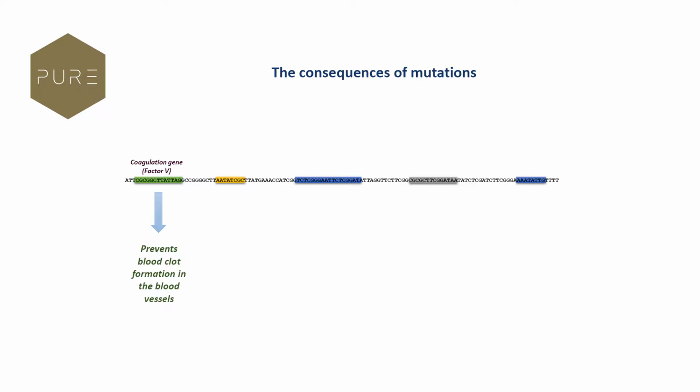So as I said, there's a coagulation gene, factor V, which prevents blood clot formation. The lactase gene splits up lactose in our intestine. There's a renal tissue gene called COL4A5, which builds strong kidney tissue, so that the kidneys can work and remove toxins from the body.